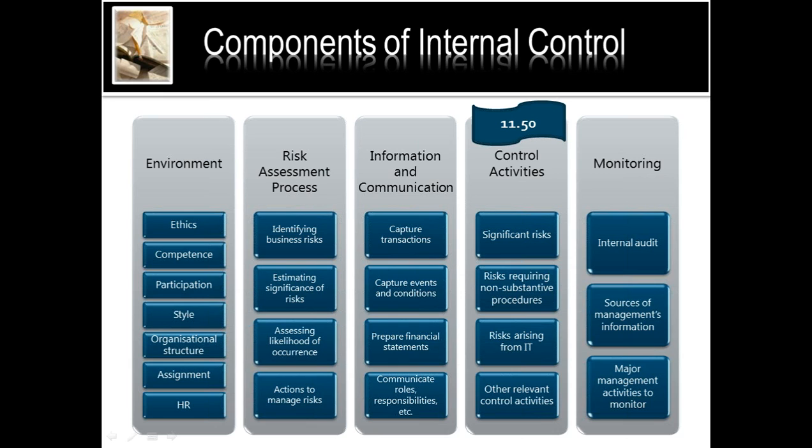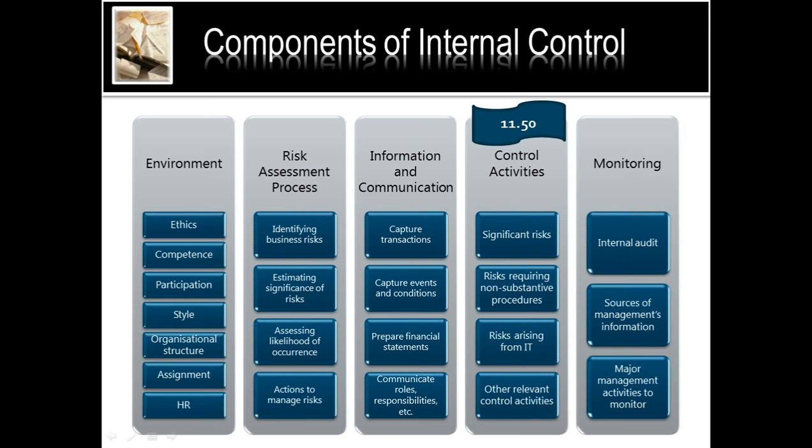That is the control activities, the account balance level controls. And that, indicated on the slide, is dealt with in 11.50, and those are the so-called relevant controls, and we even also deal with them in 11.60 and 61, of course, when we look at the account balance risks.